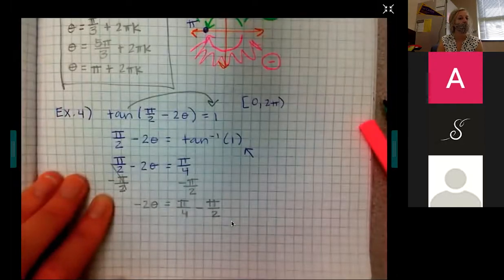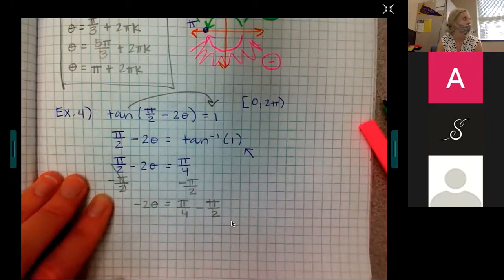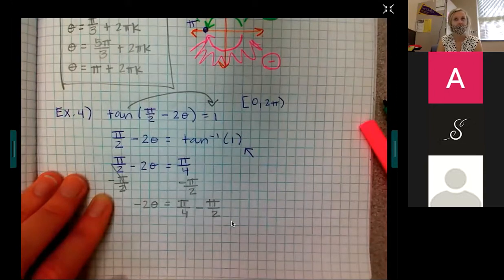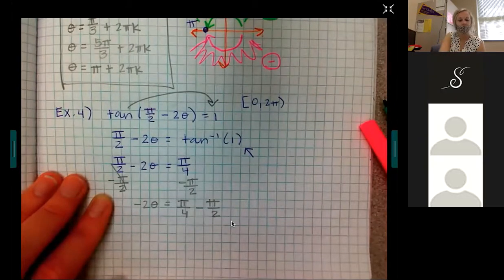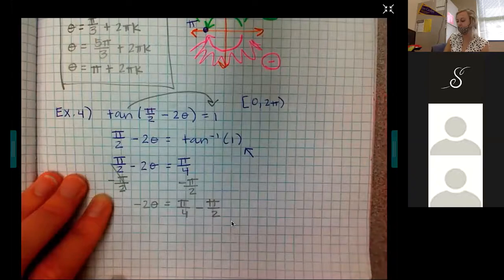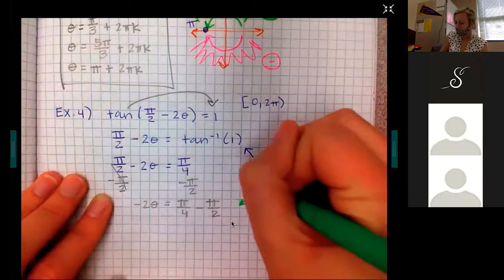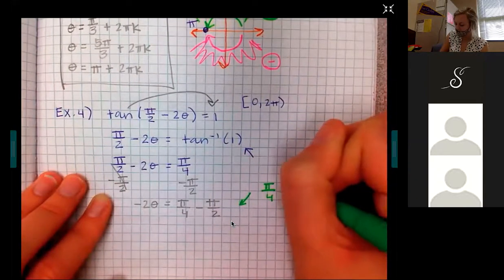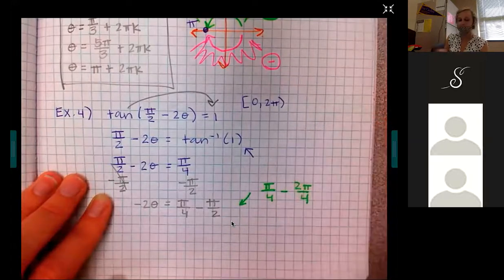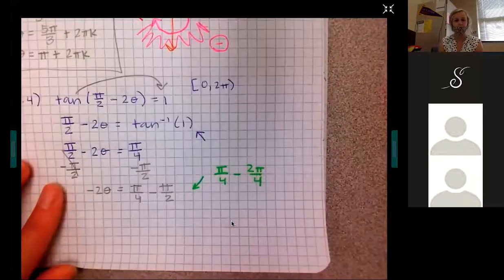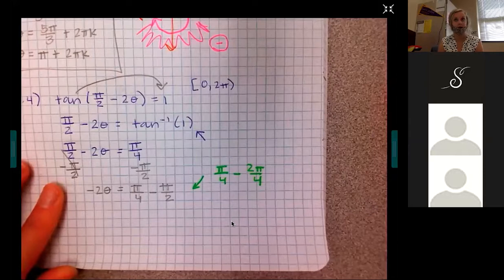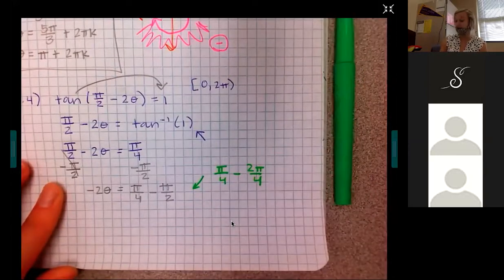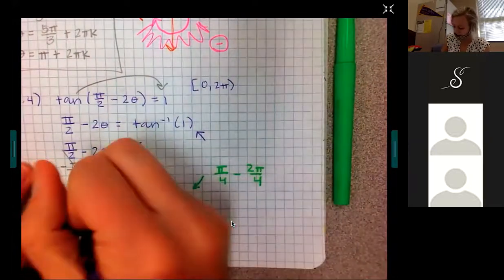Okay, what is pi over 4 minus pi over 2? Be careful. Pi over 4 minus 2 pi over 4, if you get a common denominator, is what? Negative pi over 4. There we go.